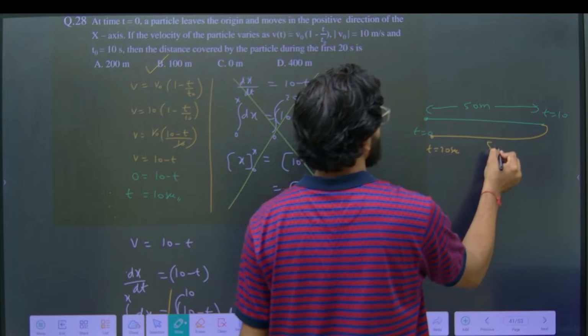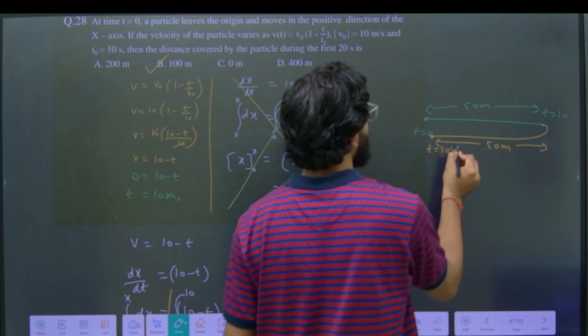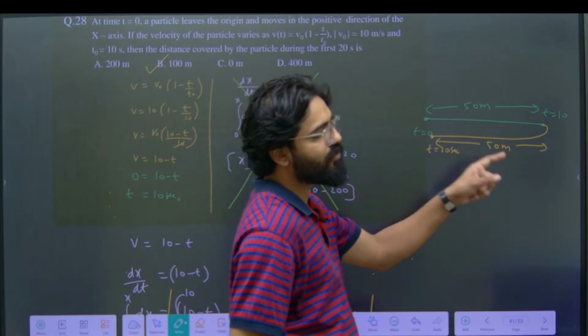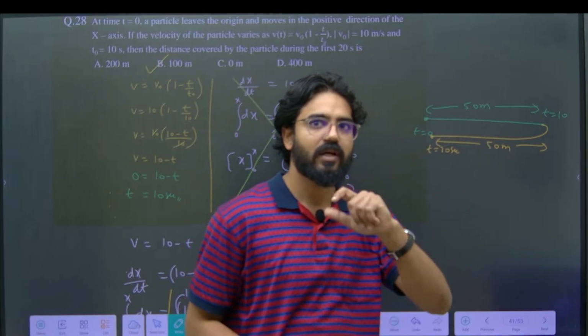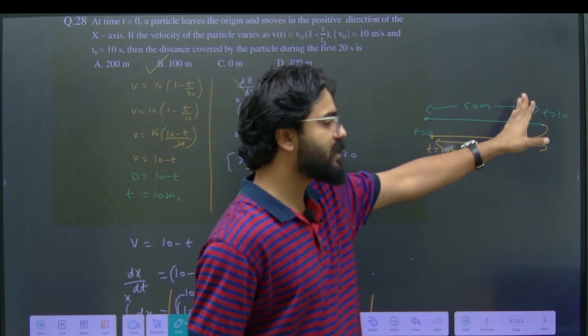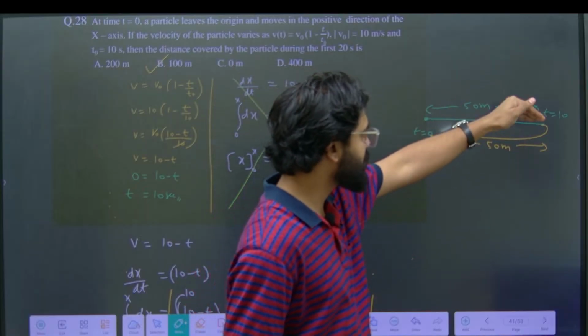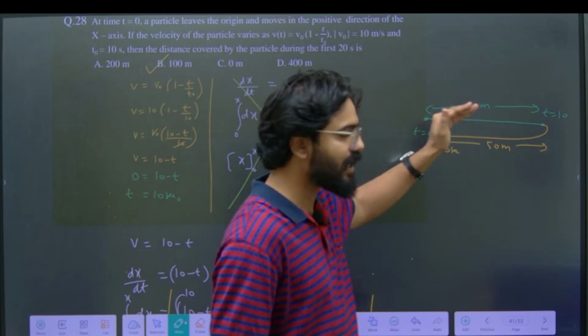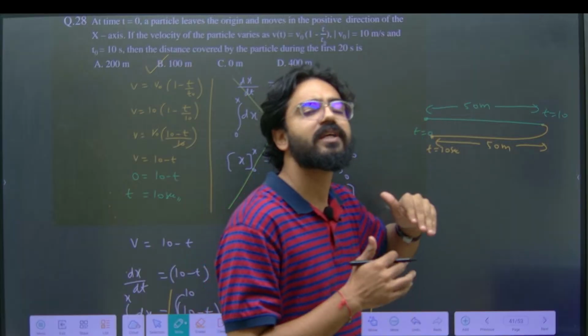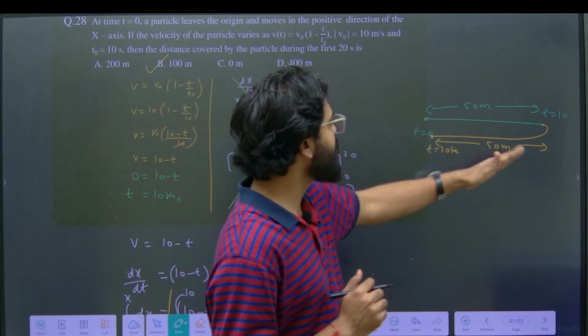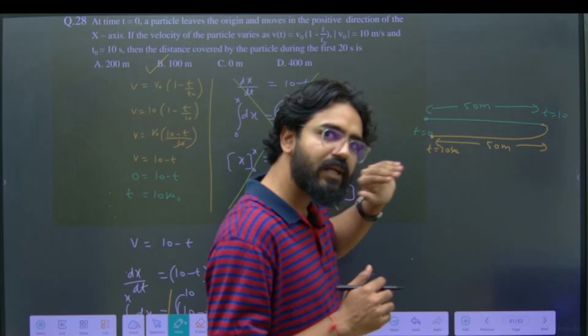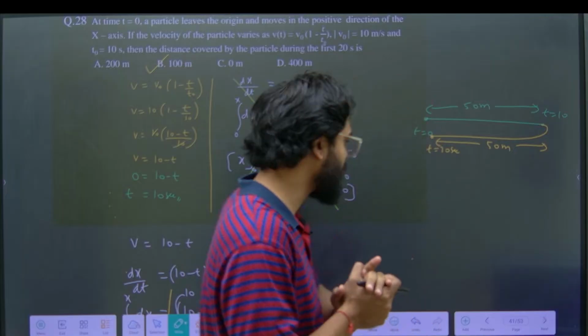If we do not put the mod, then 50 and negative 50 will cancel each other out. So take the magnitude of this value plus this value, and that is the distance. If someone is asking displacement, the net, we were here, we finally ended here, so it is 0. I hope you're getting it.